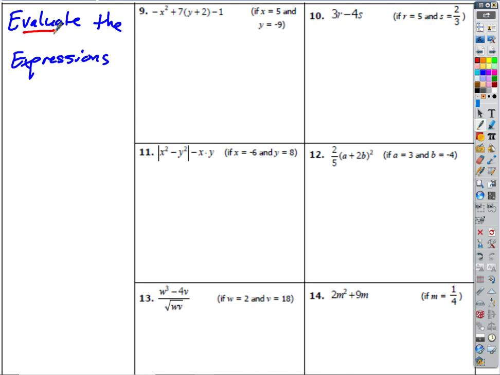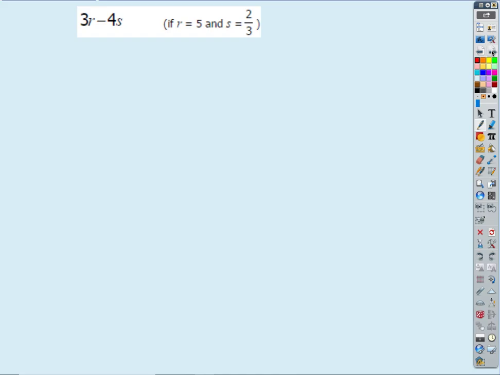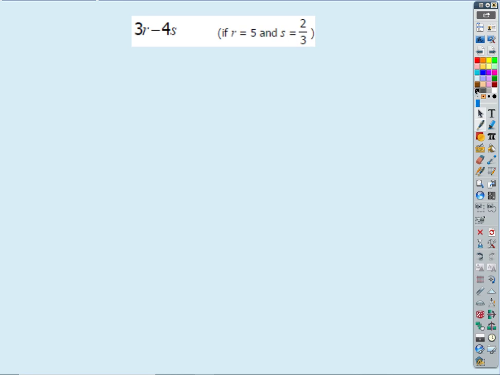So when we evaluate an expression, we're going to plug a number in. Plug a value in; a value in math is a number. We're going to plug a number in and simplify it. So for example, let's take number 10 here. If we want to evaluate the expression 3r minus 4s, when r equals 5 and s equals 2/3, what are we doing?